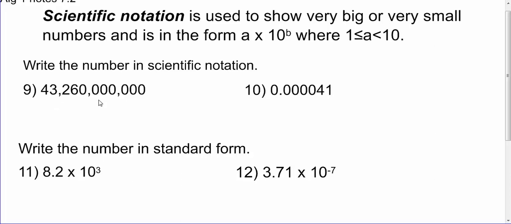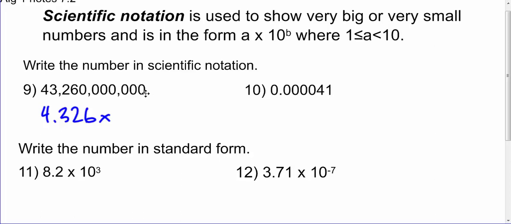Remember, for scientific notation, the A term out in front has to be a number between 1 and 10, inclusive of 1, not 10. Now in this case, that number is 4.326. I'm basically putting the decimal after the first integer, the first number in the term.